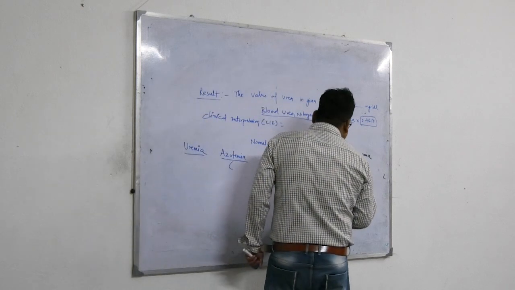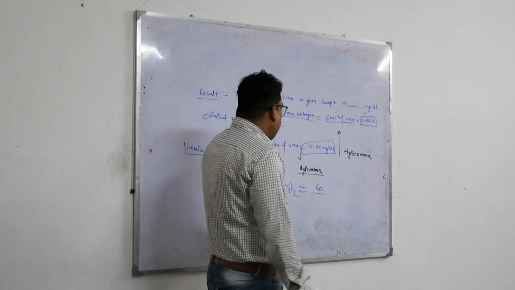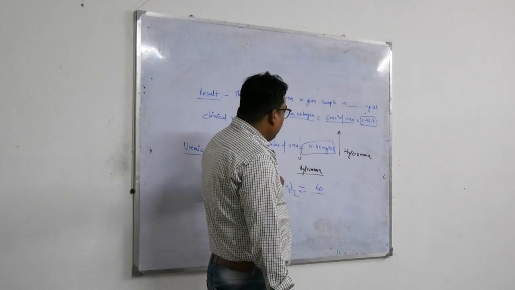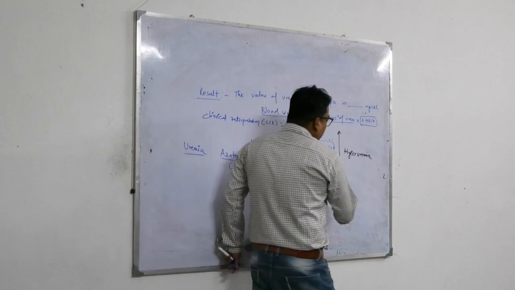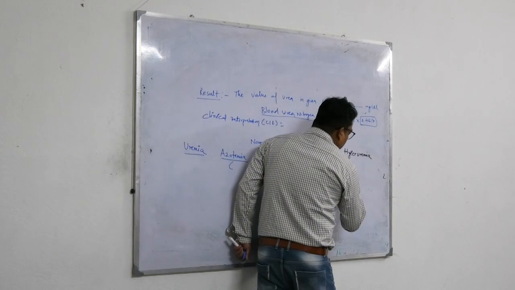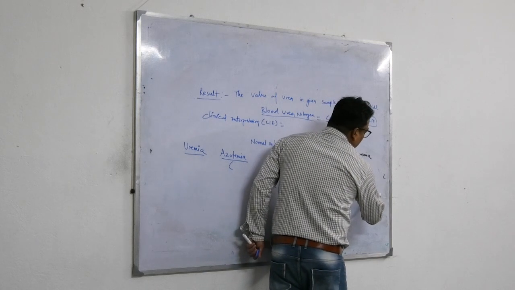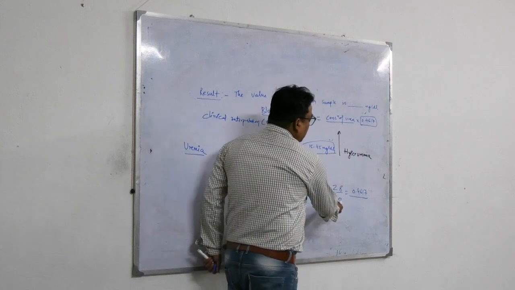The molecular weight of urea is 60. And the nitrogen molecular weight in this whole formula is 28. So to make the factor, it is 28 by 60 and the value comes to 0.4617. This is the factor that comes from this equation.